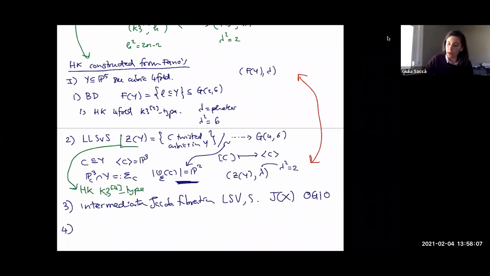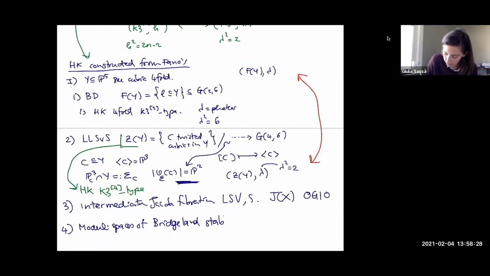Okay, so a way of generalizing both 1 and 2 is as follows: moduli spaces of Bridgeland stable objects on the Kuznetsov component of the cubic 4-fold, which is inside the derived category.